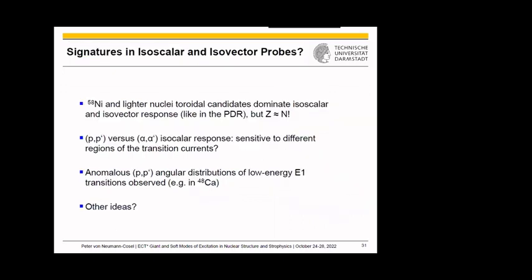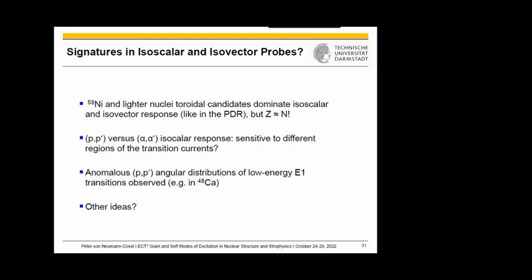Then I started wondering, are there other signatures in the isoscalar and isovector probes we have available? This needs to be looked at systematically in theory, and then experiments need to be done. And just some remarks and thoughts, and then maybe you also have ideas.